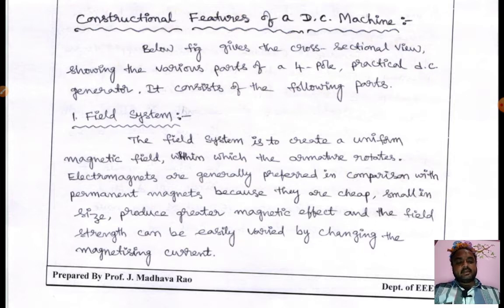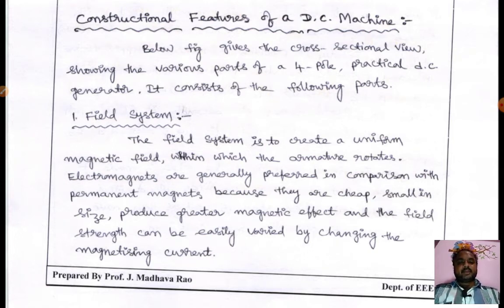So inside the DC motor, the field system will create the magnetic field. Electromagnets are generally preferred in comparison with permanent magnets because they are cheap, small in size, produce greater magnetic field, and the field strength can be easily varied by changing the magnetizing current.